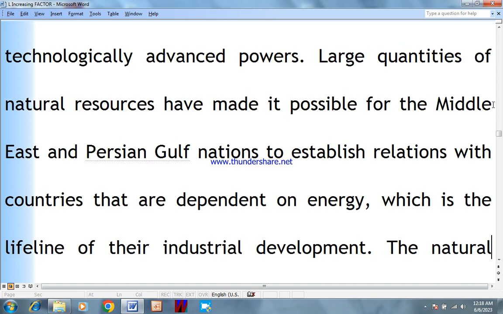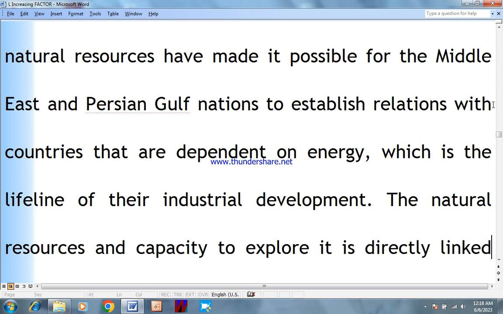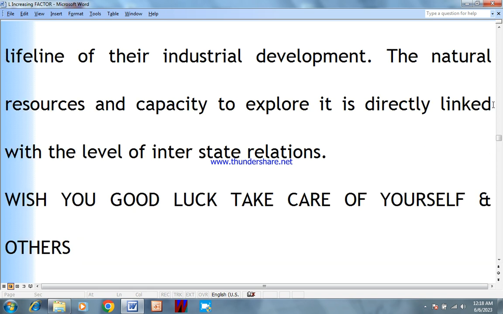Large quantities of natural resources have made it possible for the Middle East and Persian Gulf nations to establish relations with countries that are dependent on energy, which is the lifeline of their industrial development. The natural resources and the capacity to explore them are directly linked with the level of interstate relations.